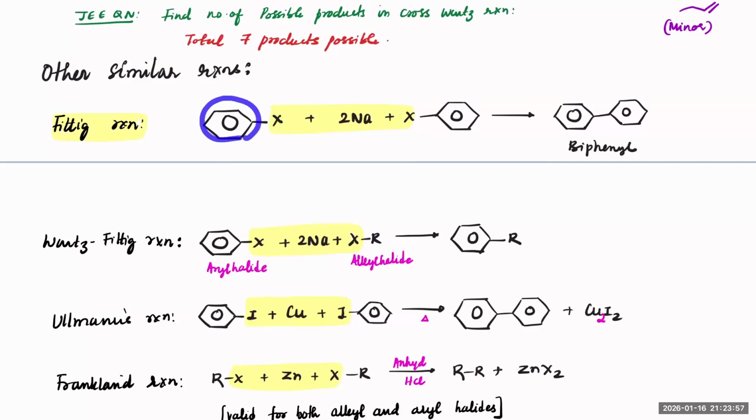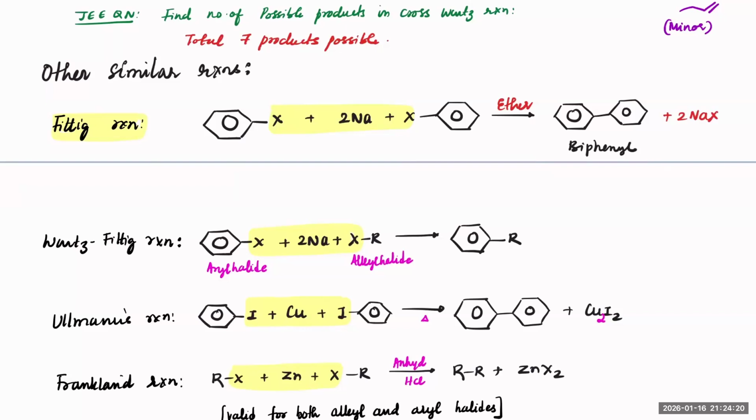So it is phenyl halide or halobenzene. When you take two halobenzenes and react with sodium in the presence of ether, the same termination would happen, where X and X is left with sodium and you'll get 2 moles of NaX and the product is biphenyl. Correct? This is the product which is biphenyl.